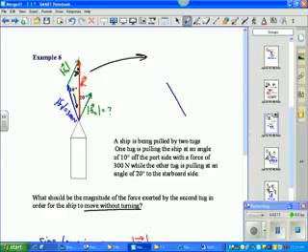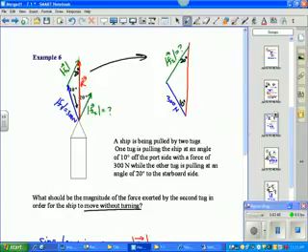So we have the blue side, the red, and the green. We have a 10-degree angle, a 20-degree angle, a side length of 300, and we want to know the magnitude of this force.